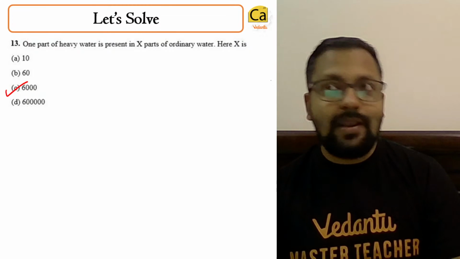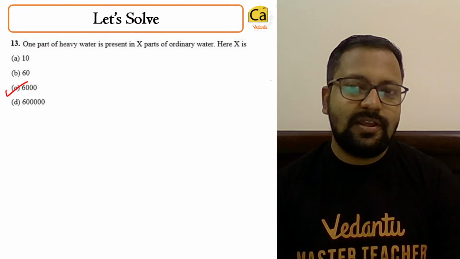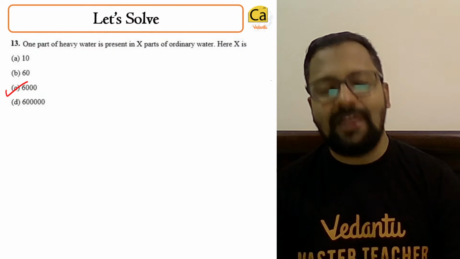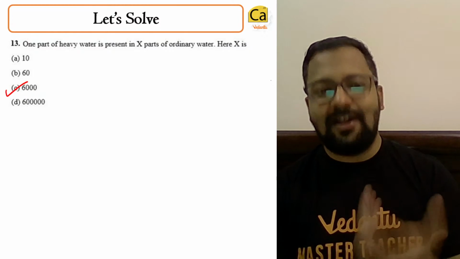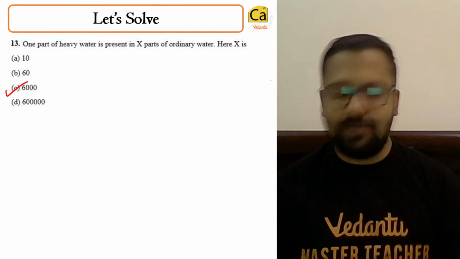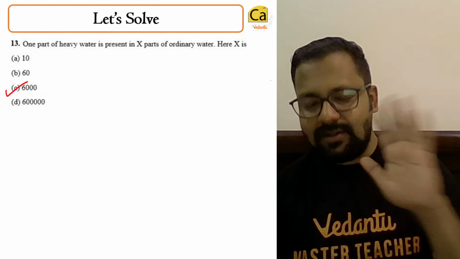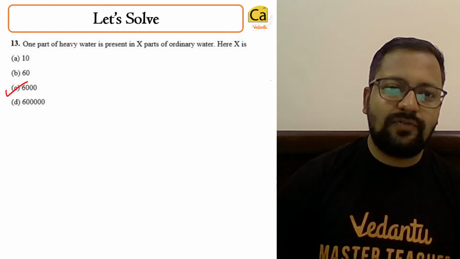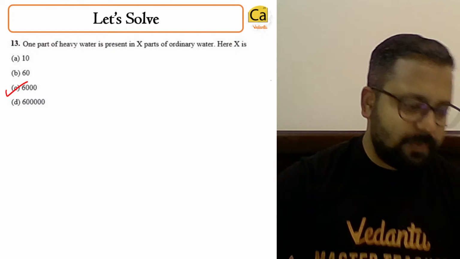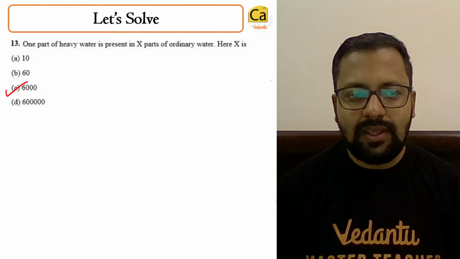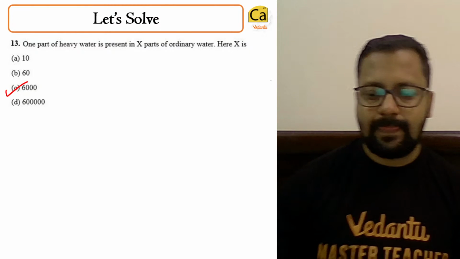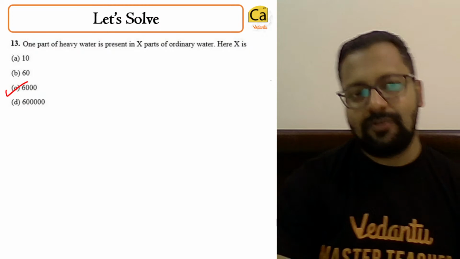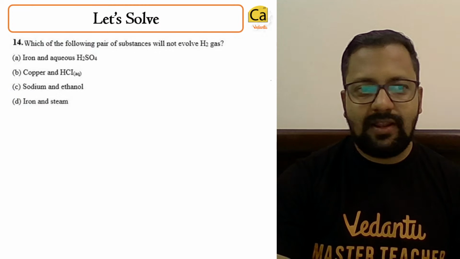So 1 by 6,000 parts. That means if you take 1 liter, then 1 by 6,000 part of it will be heavy water. Heavy water is D2O. So it's a very, very small part of ordinary water. Clear? Chalo. Very nice. Let's move on to the next question.